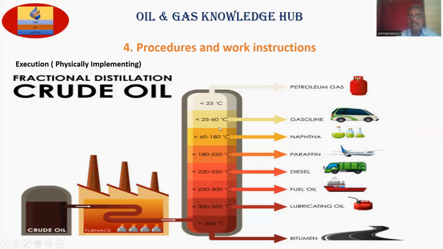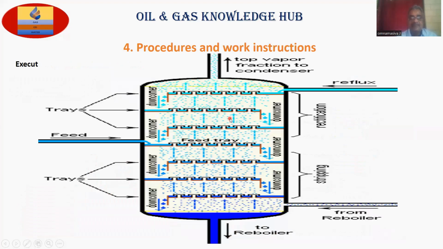So you have to replace this tray. Different trays are there. We will discuss them in the next video. You can see this tray. This is just an example I am showing. Vapor will go like this. And the downcomer area, this is a downcomer area.